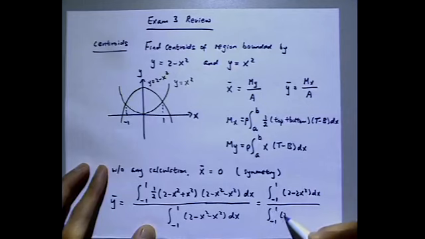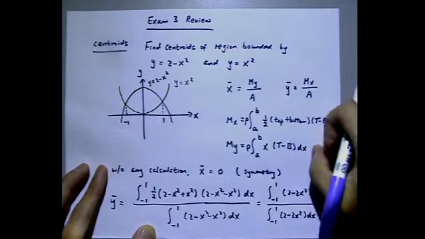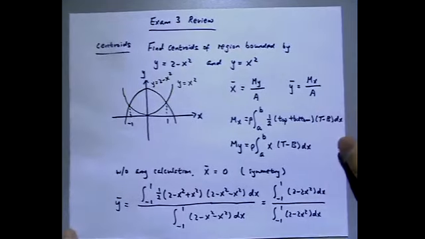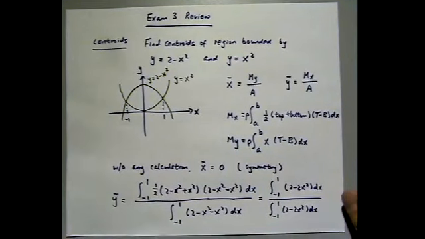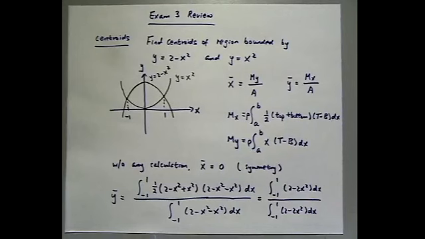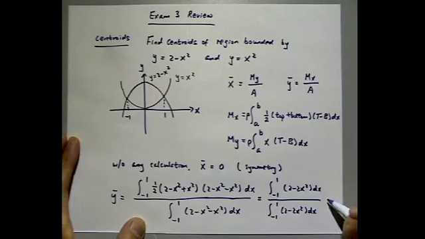Downstairs, it's also 2 minus 2x squared. Okay? So normally you would carry out the integration, which is not really hard to do here. But in this example, these turn out to be exactly the same thing. So whatever they turn out to be, I know the ratio is going to be 1, right?